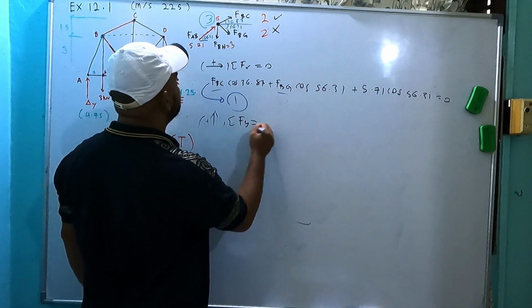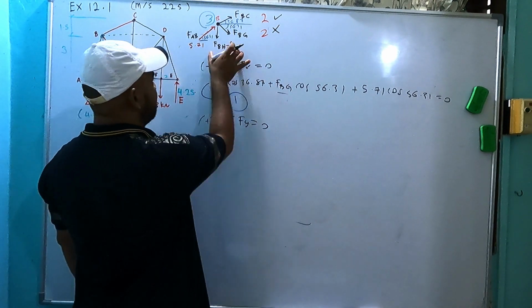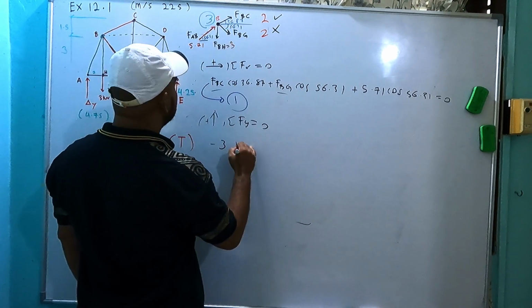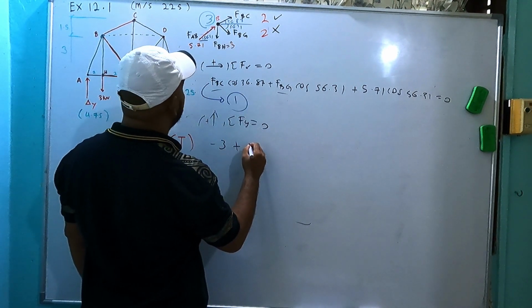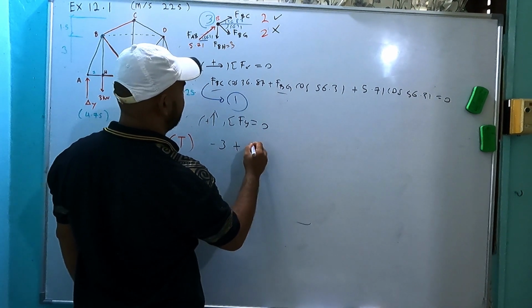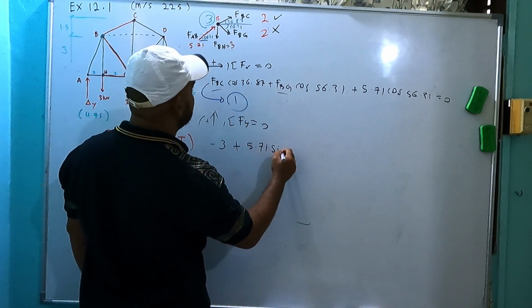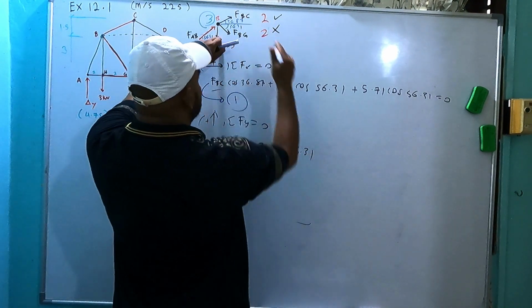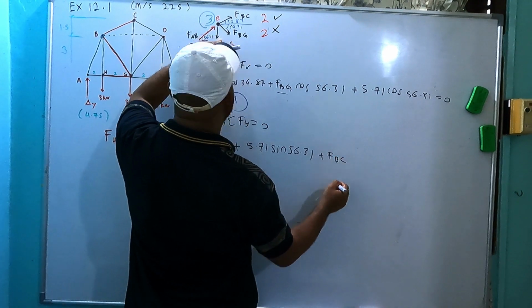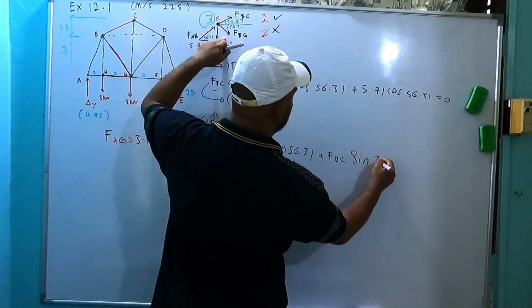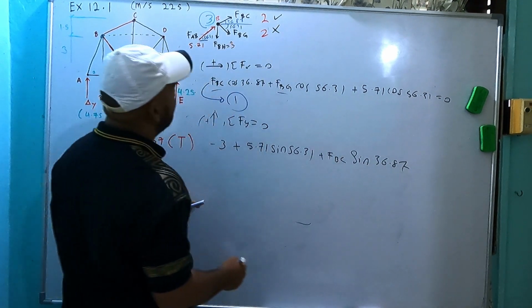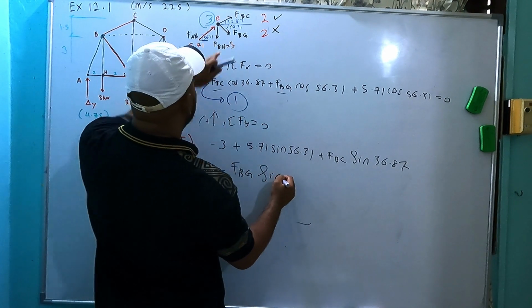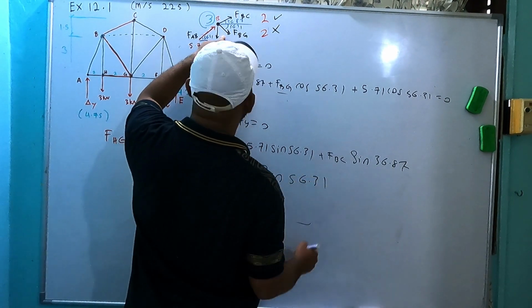Sigma Fy equal to 0: minus 3 from here, plus 5.71 sine 56.31, and then plus FBC sine 36.87, minus FBG sine 56.31.